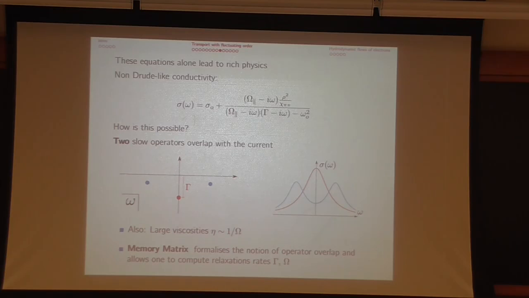And finally, you might be a bit dissatisfied with the way I introduced relaxation in these equations. Even though I did it in the most general way possible with symmetries, it kind of seemed like it was coming out of nowhere. So there's a way to formalize all of this using the memory matrix formalism, which really formalizes this notion of operator overlap and actually gives expressions for relaxation rates if you have a given mechanism in mind.